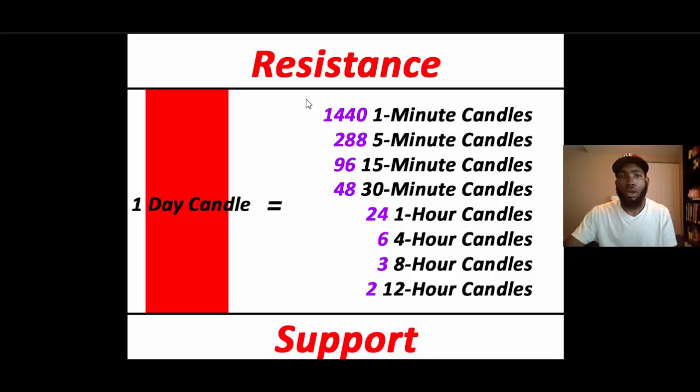All I need to know is that this is resistance and this is where it closed at support, and I can take the entire pot. I don't have to fight trying to look at different levels on the minute chart, and then the 5-minute, the 15 and 30, and then the 1 hour. I don't need to look at that.